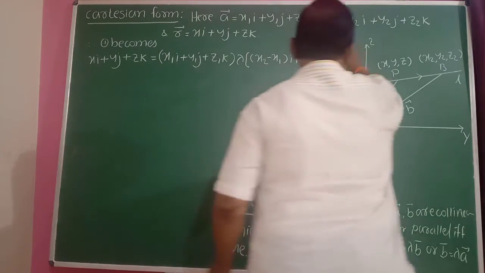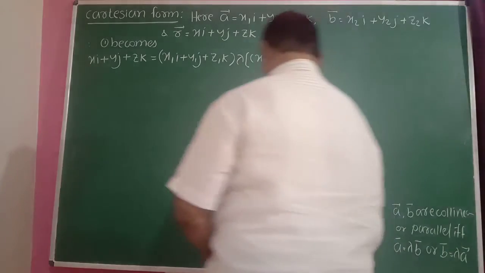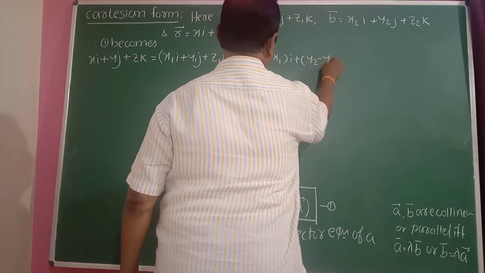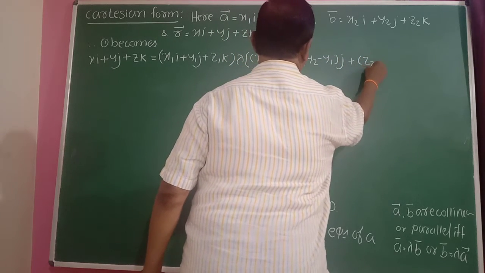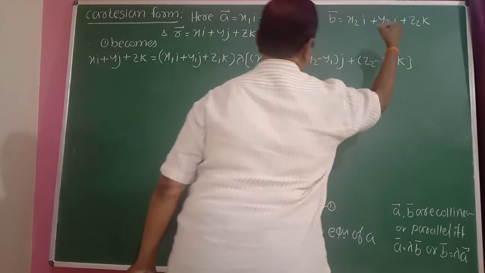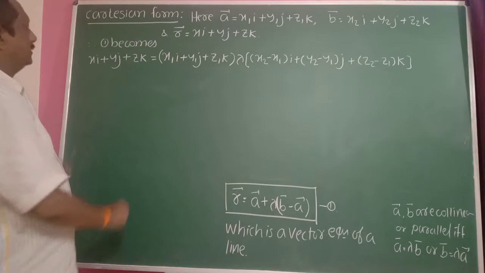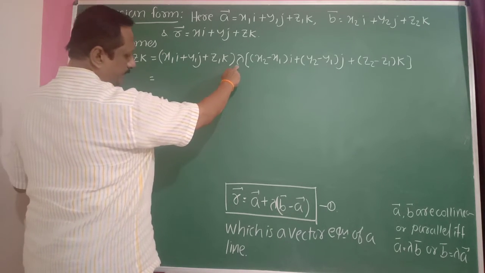So y2 minus y1 j plus z2 minus z1 k. Okay. So using this equation, this is equal to, take this lambda inside the bracket.